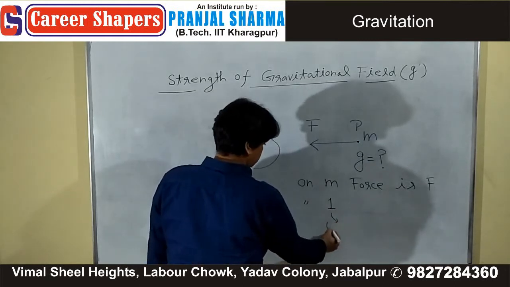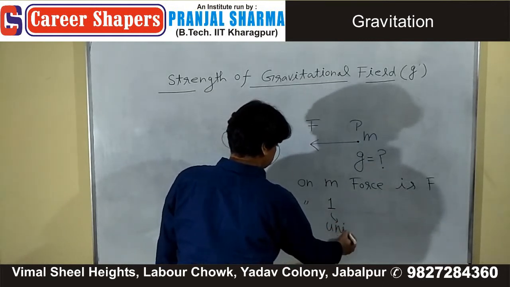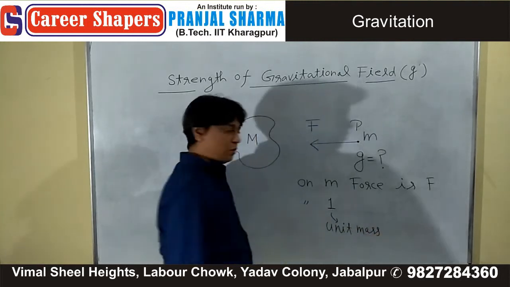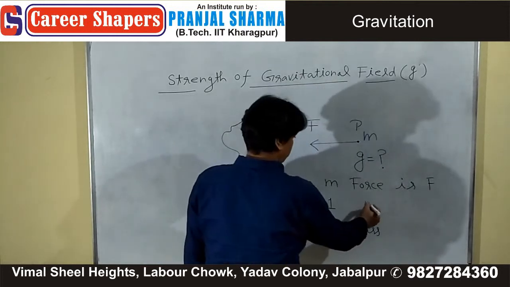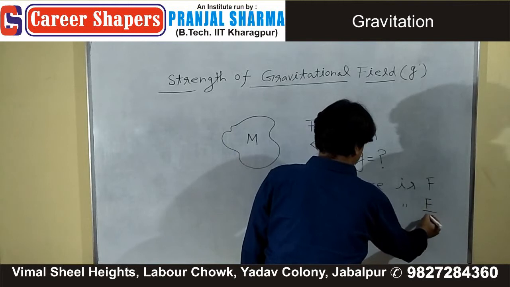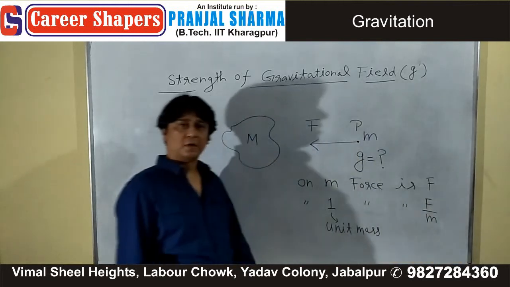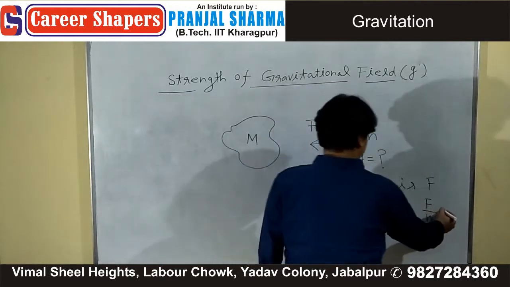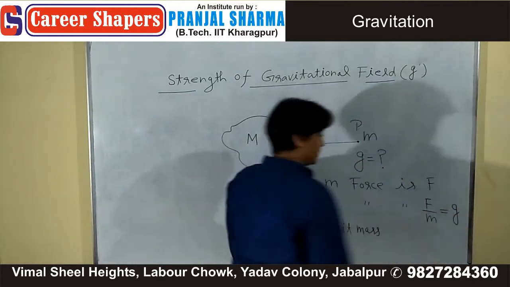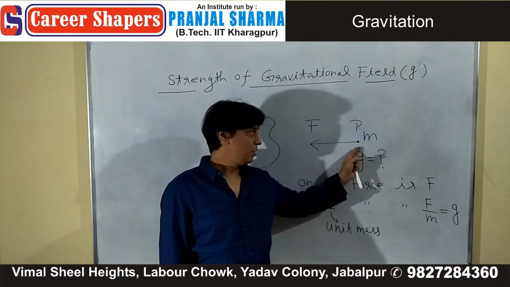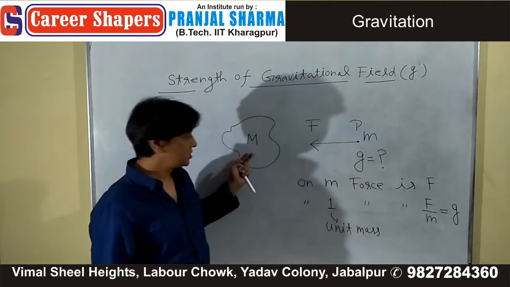This one is your unit mass. On unit mass, force is F divided by m. This F divided by m is called strength of gravitational field at this point of the space around this mass body.